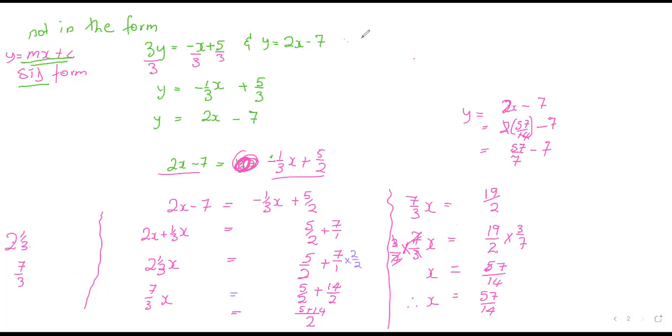So it's 56. 7 goes here 8 times. 8, 1 over 7 minus 7, remainder 1 over 7. So your coordinate is going to be 5 7 over 14, and then this one is 8 over 7.